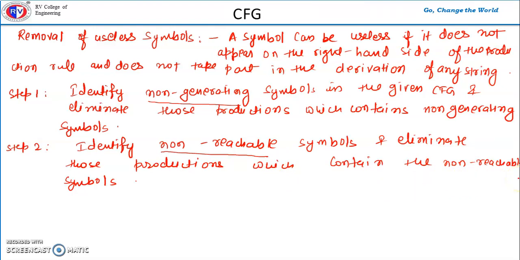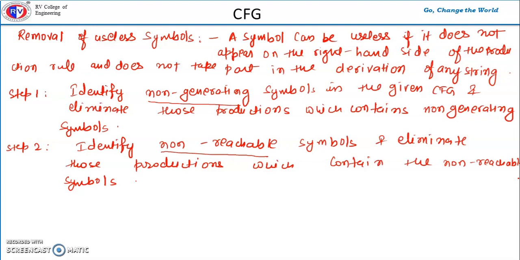First, identify non-generating symbols and remove every production containing them. Second, identify non-reachable symbols, which means they are not reachable from the start symbol S. Non-generating means it is not generating any terminal. Whichever production contains either a non-generating or a non-reachable symbol, we have to remove that production itself.